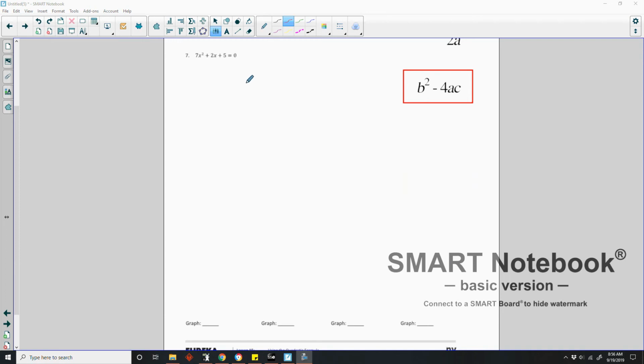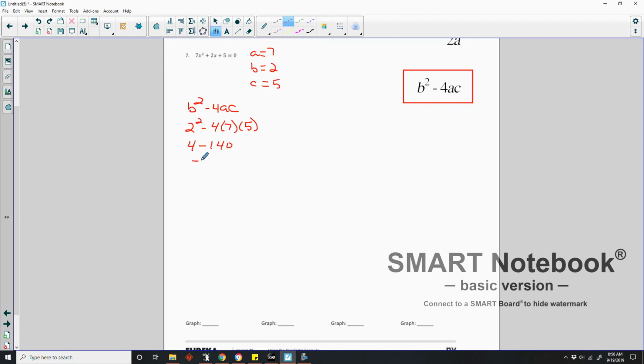Okay, here's number 7. We already have it in standard form. It's equal to 0. List what we have. What is A? A is 7. What is B? B is 2. What is C? C is 5. Write the discriminant so you memorize it. Substitute: 2 squared minus 4 times A times C. 2 squared is 4, minus 7 times 5 is 35, times 4 is 140.